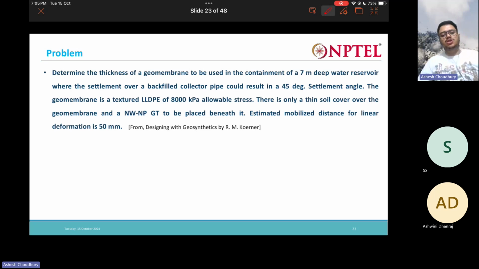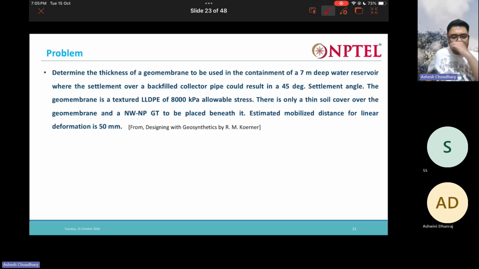Determine the thickness of a geomembrane to be used in a containment of a 7-meter deep water reservoir where the settlement over a backfilled collector pipe could result in a 45-degree settlement angle. Beta is given, depth of water is given, that means you know the pressure. The geomembrane is textured LLDPE of 8000 kPa allowable stress.